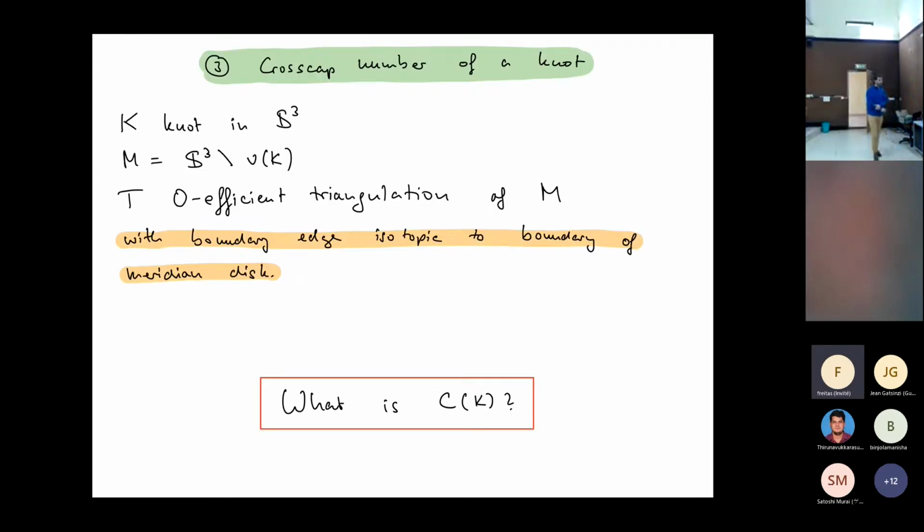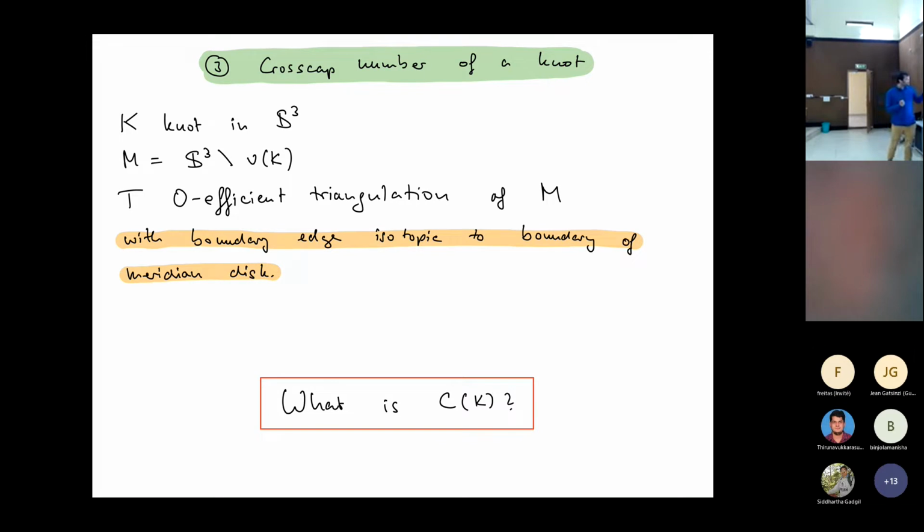Okay, so how do we now describe an algorithm for the crosscap number of a knot? Again, K is the knot in S^3, M is the complement, T is the zero efficient triangulation. Now, one technical thing: we have these annoying boundary compressions. Turns out there is a cheap trick.